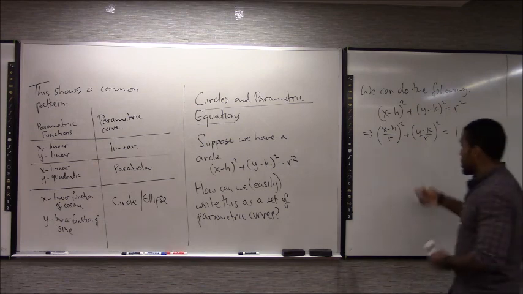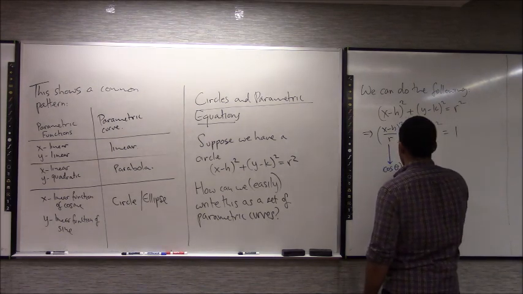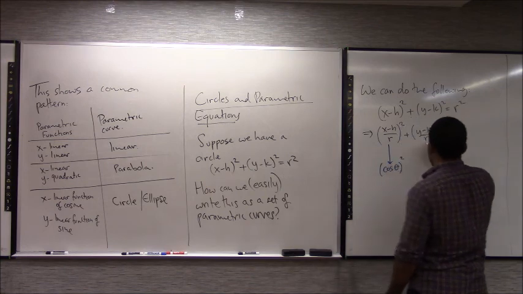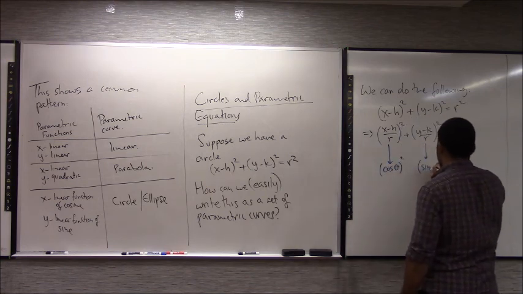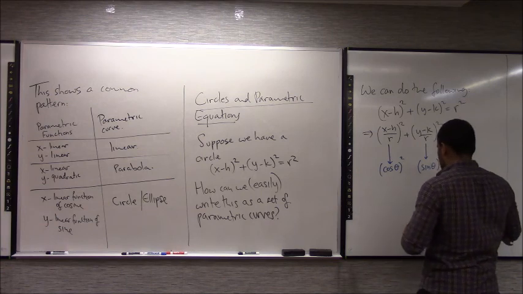We know that cosine squared plus sine squared is equal to 1.